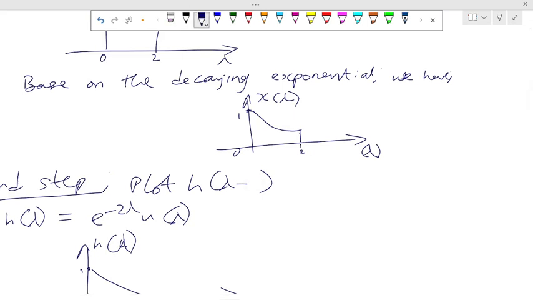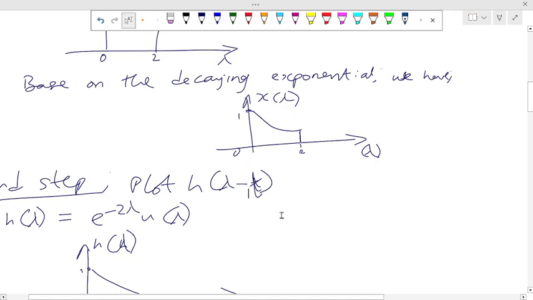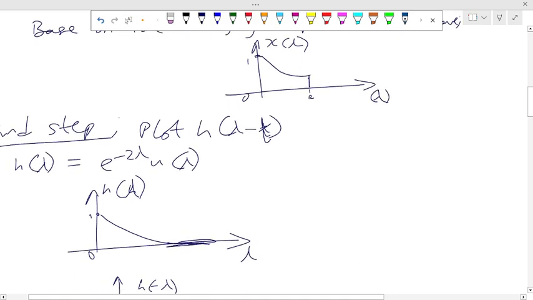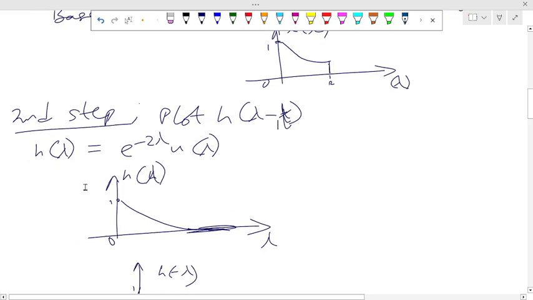First of all, let us identify what h of lambda is, and then we identify what h of lambda minus t is, and then we merge them together.